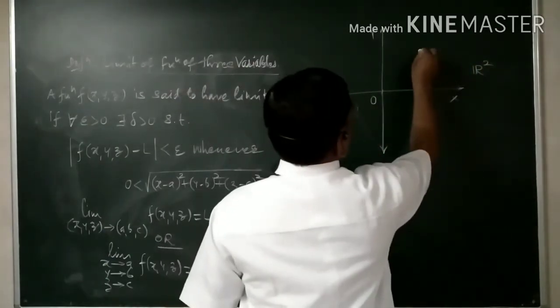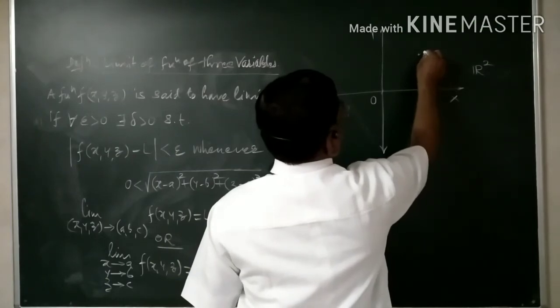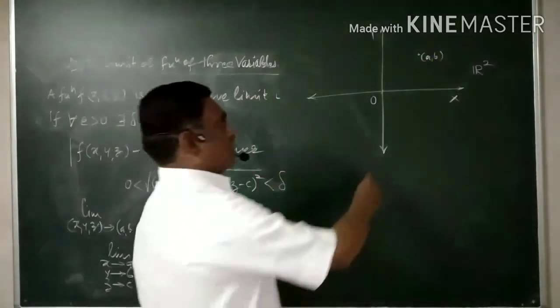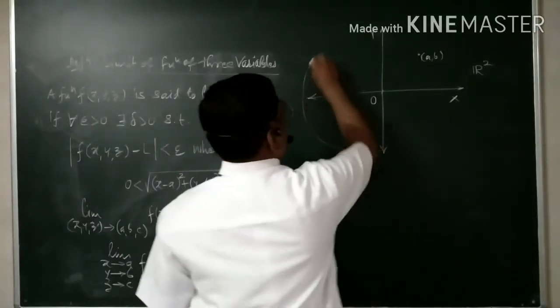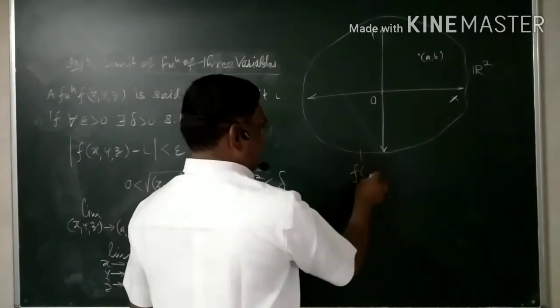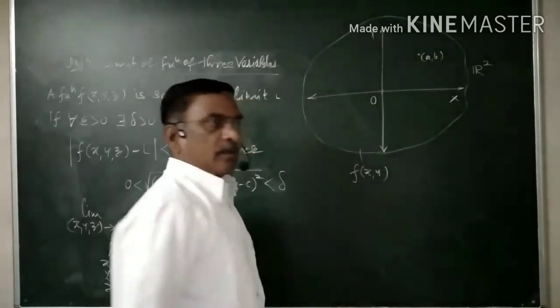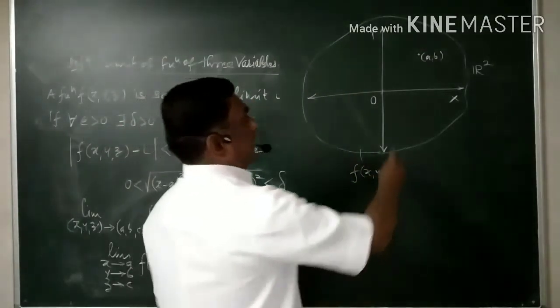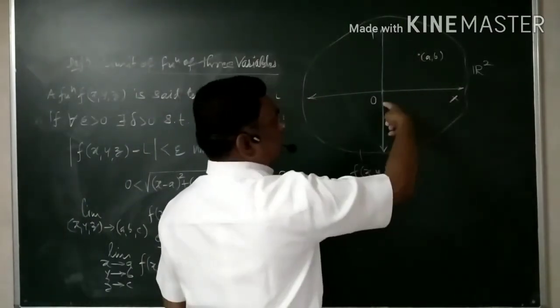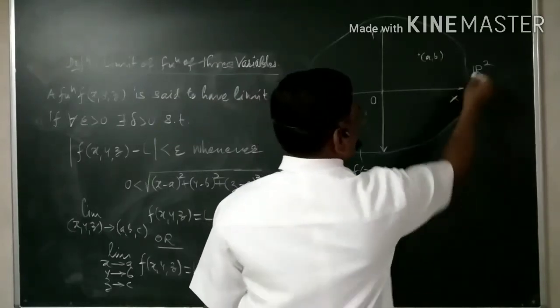Now let us consider this point (a, b). Over this R2, a function f of x, y is defined, and therefore let (a, b) be a point in the domain of this function.